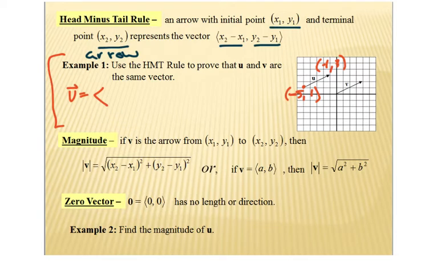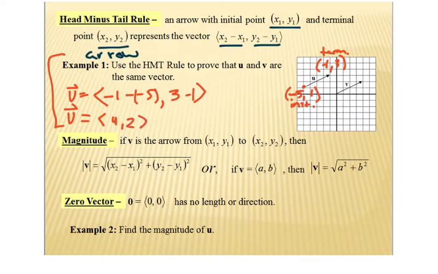The initial point is this one, and this one is the terminal point, where the arrow is. So I'm going to take the terminal point, which is an x2 of -1, and subtract the initial point, which is -5, and put that in with 3 minus 1. And so that means that vector u is given by -1 plus 5, so 4 and 2.